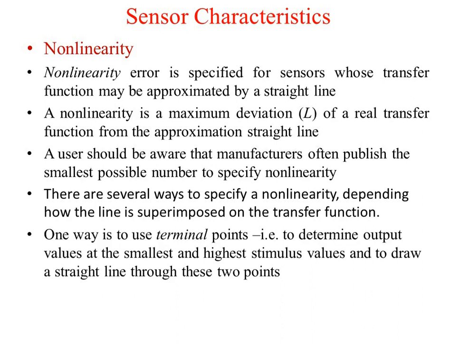Now let us consider that one way is to use the terminal points, that means the starting point and end point, to determine the output values at the smallest and highest stimulus values. That means the starting point will be with the smallest stimulus and the highest point will be with the maximum stimulus that you are giving, and through that you pass a straight line.